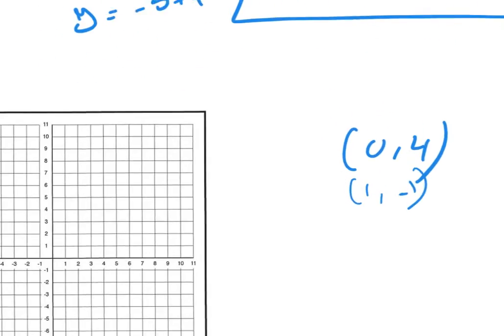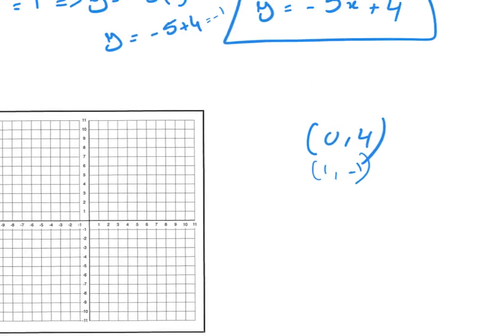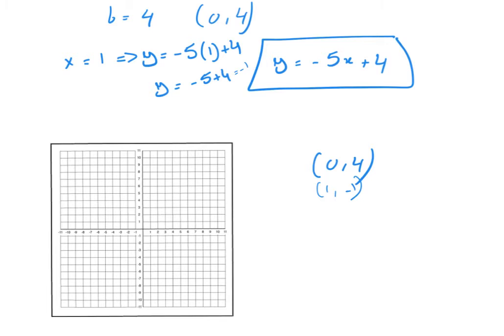Actually, 2 points are good enough to draw a line, but it's highly recommended to find a third point as a checkpoint. Let's pick an easy number for x, so we can find an easy y. I will choose x equals 2, so I substitute x by 2.